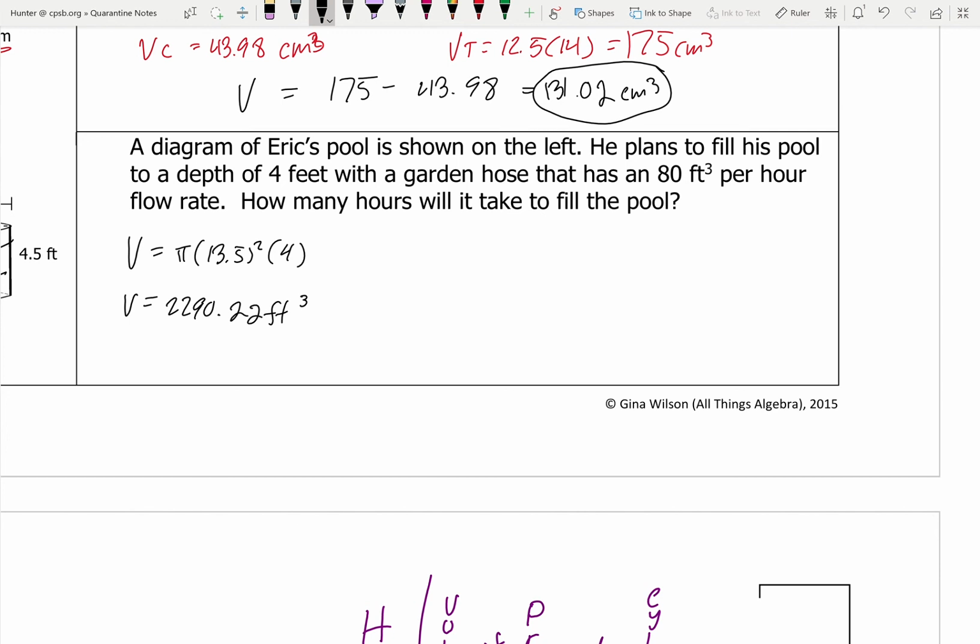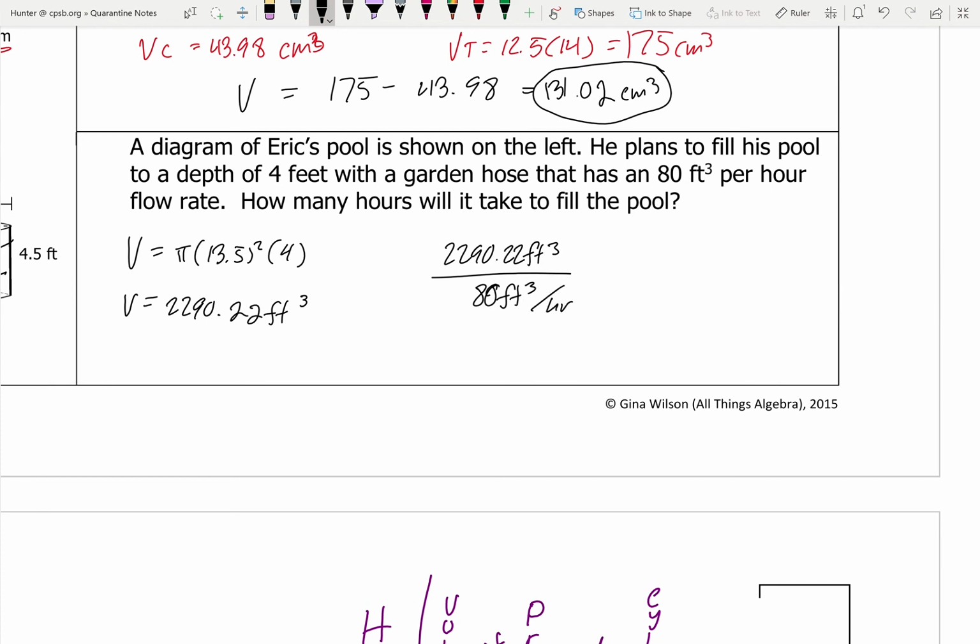So let's set that up. So if I have 2290.22 feet cubed, and I divide by 80 feet cubed per hour, and that's over 1 hour.